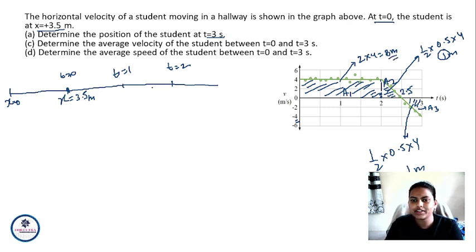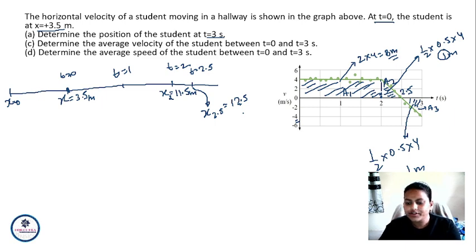So it is x is equal to 11.5 meter, the new position, just add 8 in 3.5. At time is equal to 2.5, this distance is also covered. This point is x2.5, and at 2.5 the student was at position, just add 1 in it, it would be 12.5.